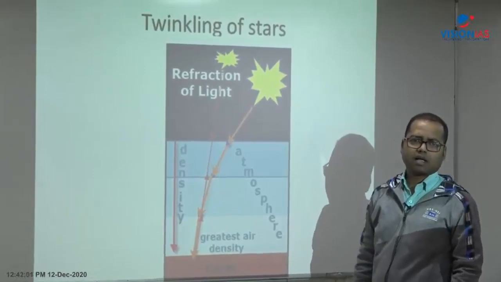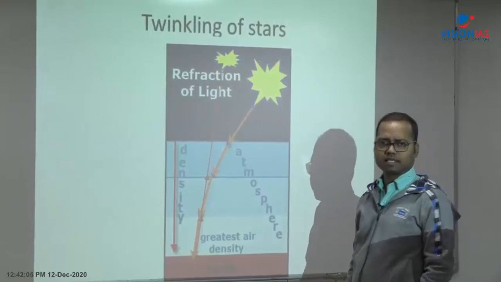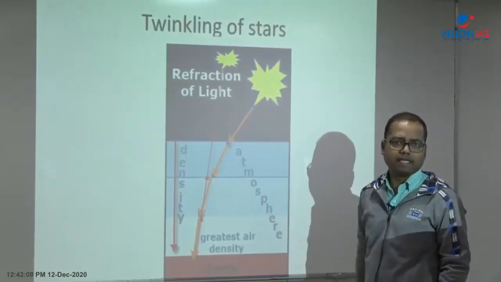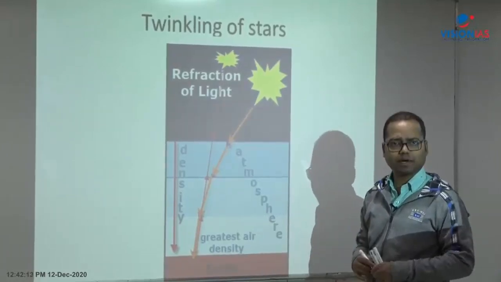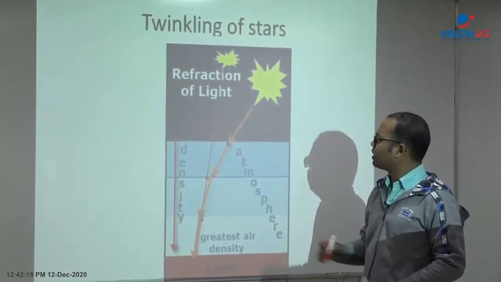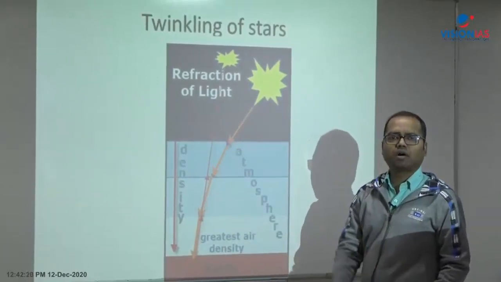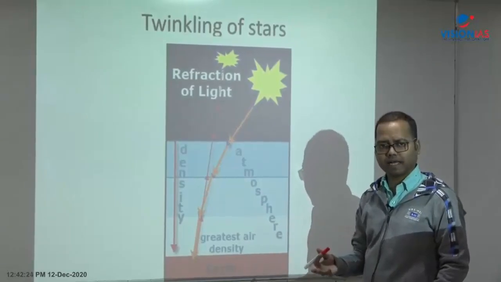But if the star and earth are considered, definitely the distance is too much, hence thousands and millions of air pockets will be there, right? So don't you think light will be bending or refracted a lot too much? It will be refracted a lot of times.